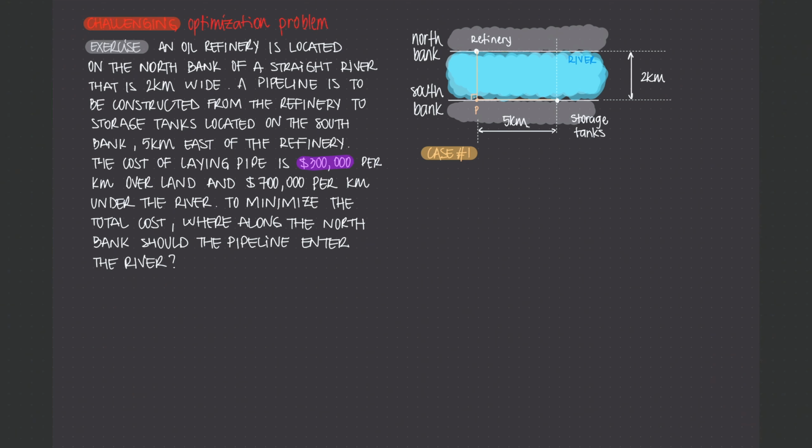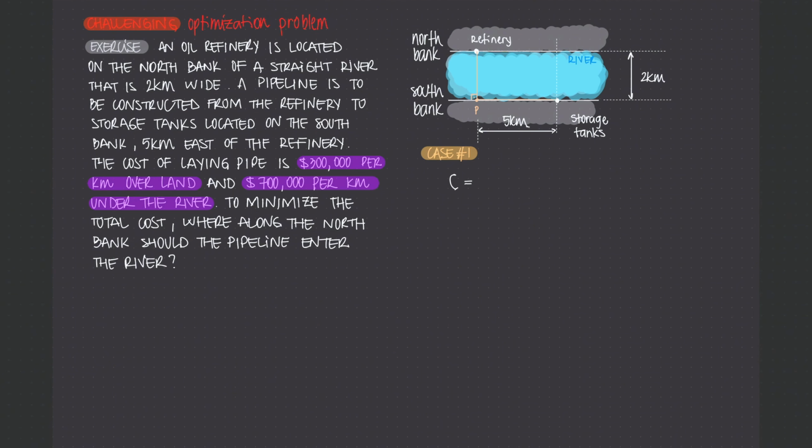Now let's answer a few of the questions from our to-do list. Number 1, we need to understand the problem. We're trying to build a connection between the refinery and the storage tanks. That's pretty clear. And what we need to optimize is the total cost. We know that we're going to spend $300,000 per kilometer overland and $700,000 per kilometer under the river.